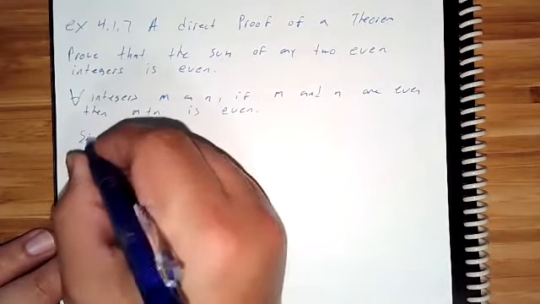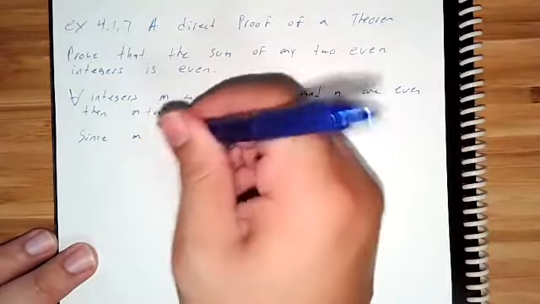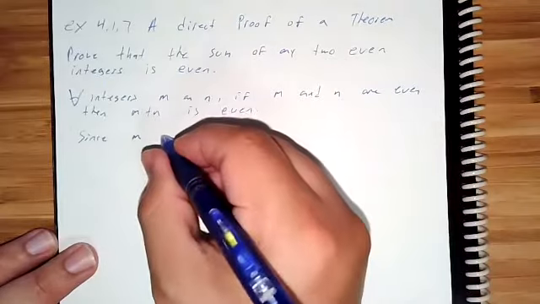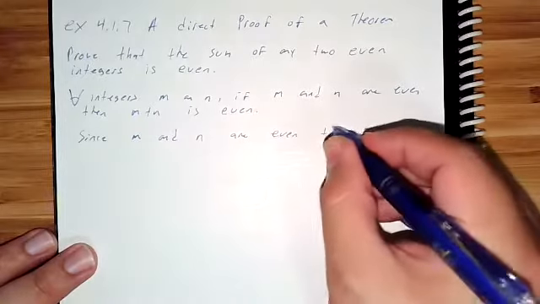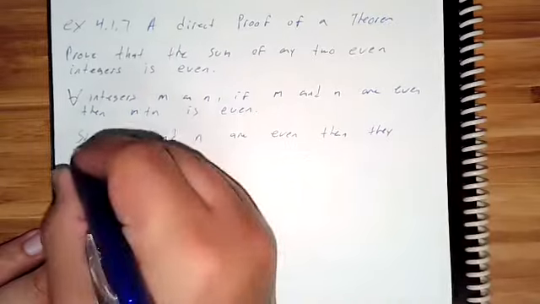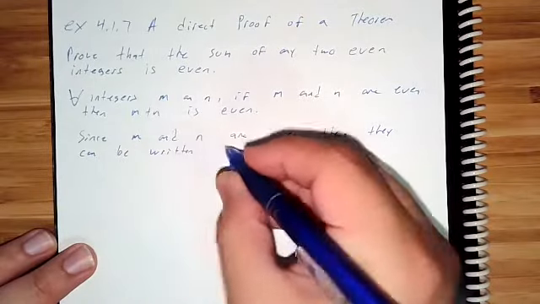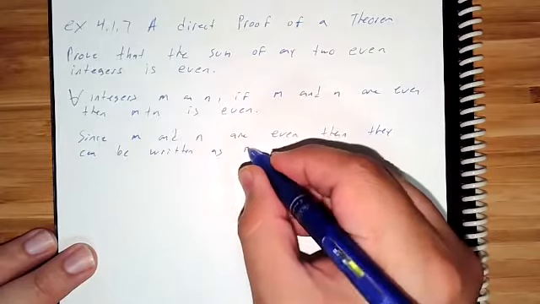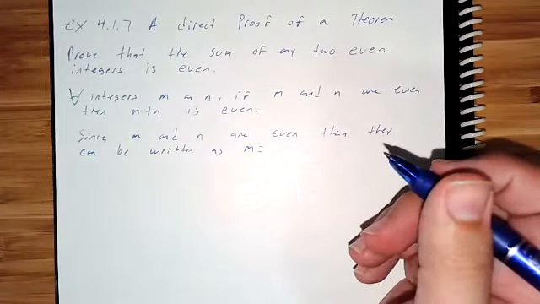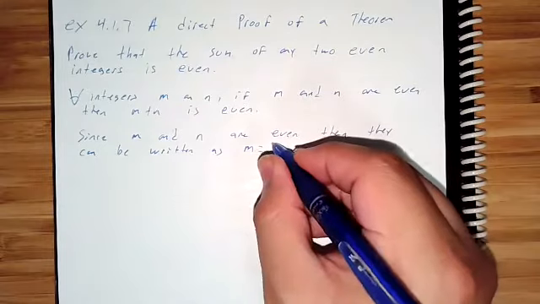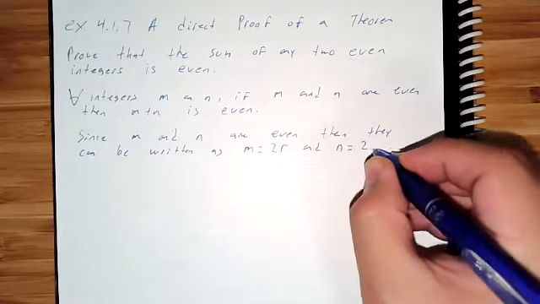So since m and n are even, they can be written like this. m would be equal to some integer, by definition, times 2, and n would be the same, some integer times 2.